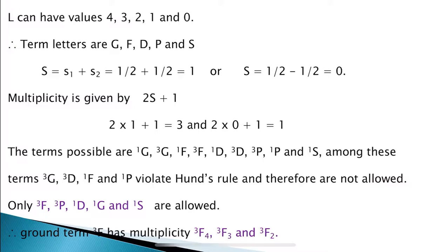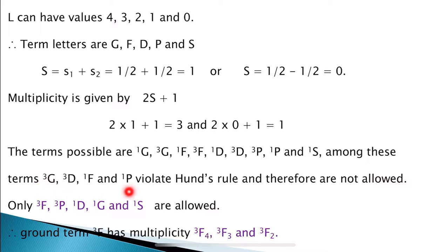Therefore, the ground term 3F has the states 3F4, 3F3 and 3F2. To identify the ground term among these, Hund's rule is applied. The terms possible are 1G, 3G, 1F, 3F, 1D, 3D, 3P, 1P and 1S. So these are the different possible terms.